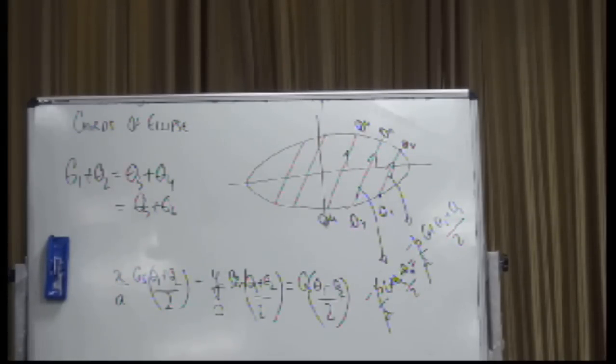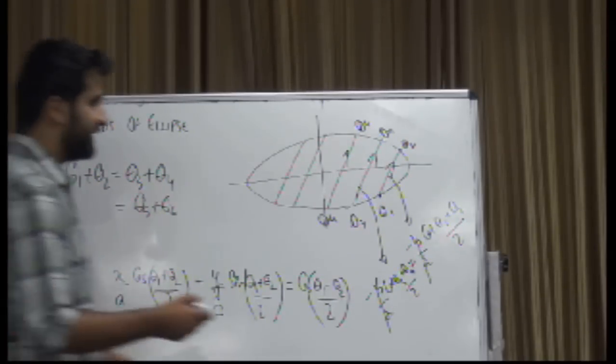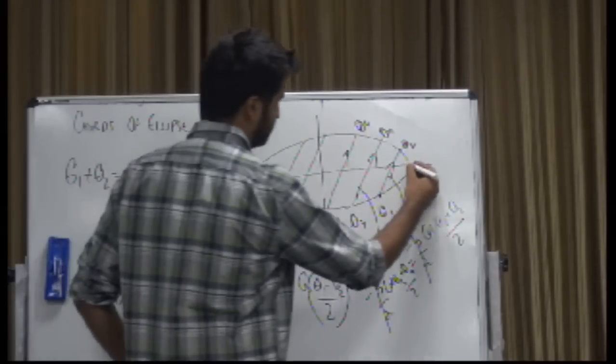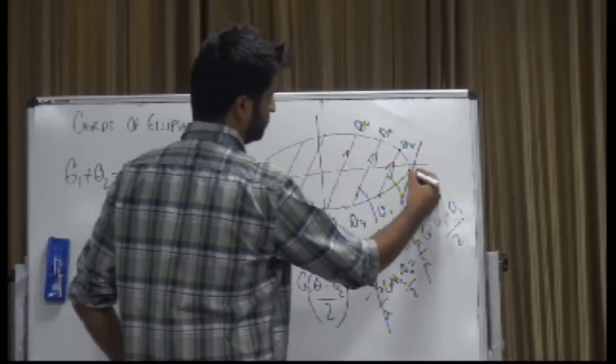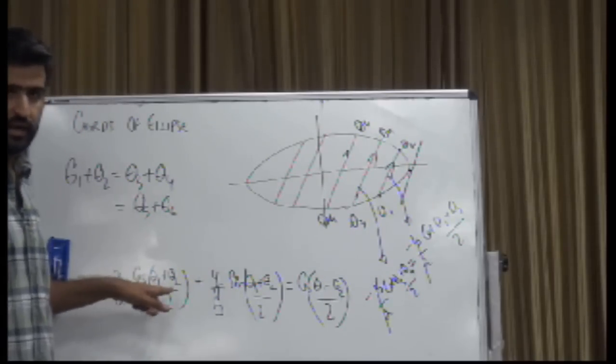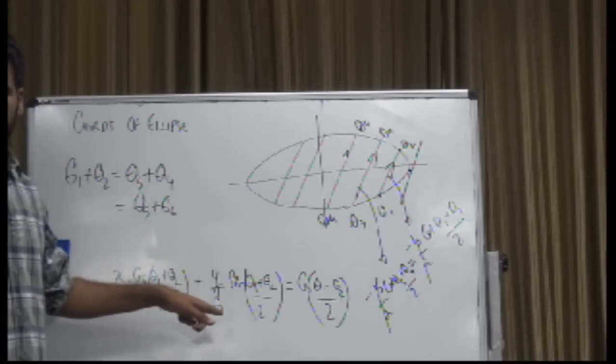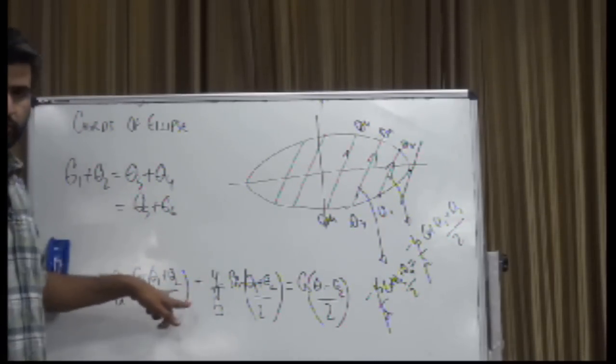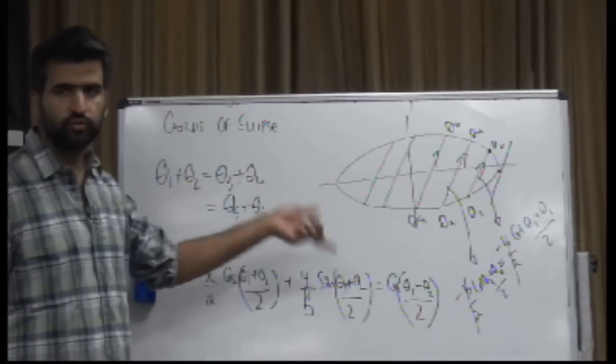Instead of 2 points, exactly, instead of theta 1 and theta 2, I will have only 1 point, right? So in this case of a tangent, theta 1 will be equal to theta 2. So if you put theta 1 is equal to theta 2 is equal to theta, let's suppose.